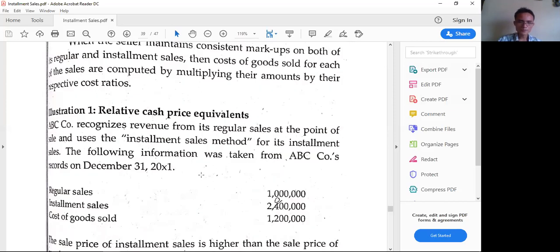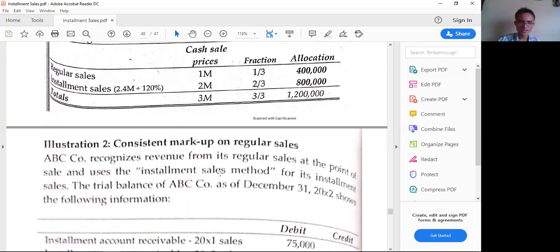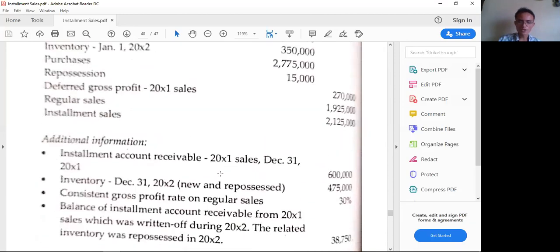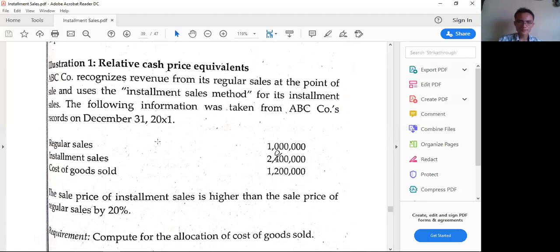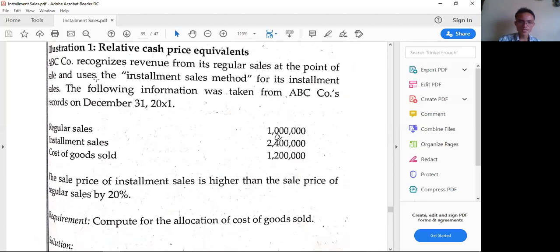Okay, so there are probably three situations in which we are going to translate the prices, but this is going to depend upon the source. The source here is still Milan. Probably we can visit other textbooks like Guerrero and so on, wherein he has several situations. So for the relative cash price equivalents, these are the given: cost of goods sold, 1,200,000, and these are the sales.